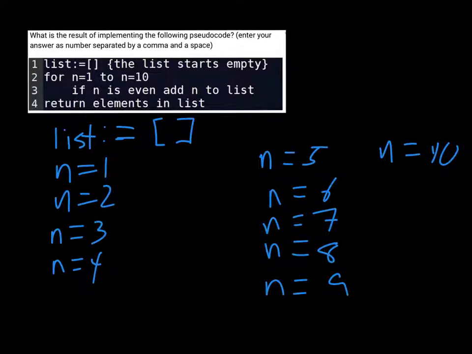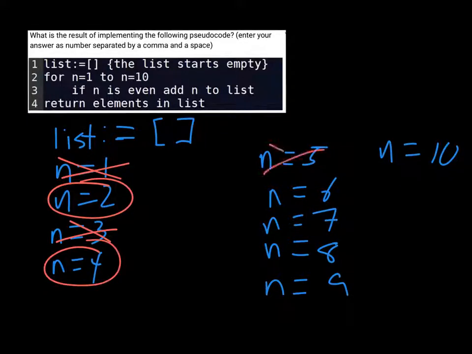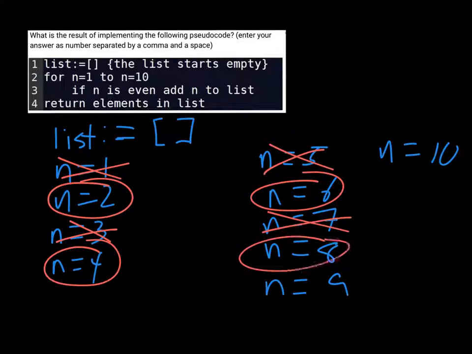So for each one of these, this if statement is checked. And the only time it counts is if n is actually even. And if n is even, then it gets added to list. So let's see. That's odd, it doesn't get added. That one gets added, doesn't get added, gets added. Not, yes, not, yes, not, yes.